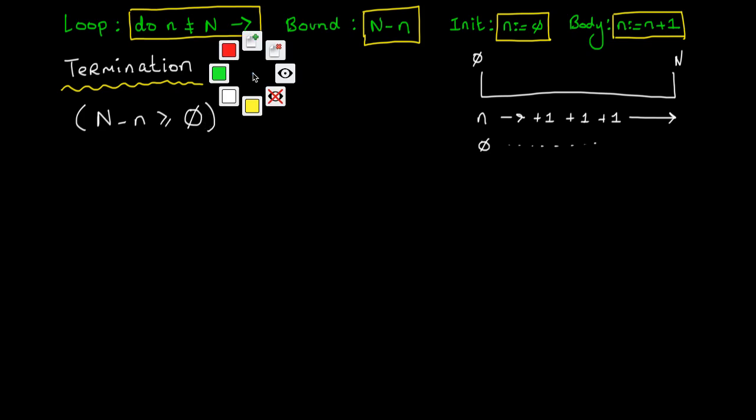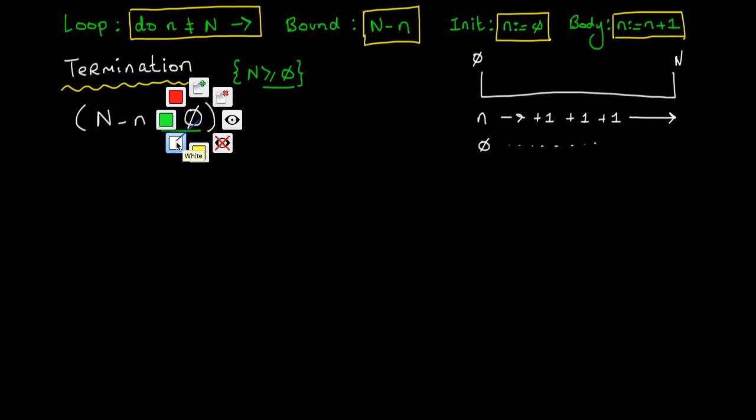If you remember, at the beginning of the program we were told that n is greater than or equal to 0. So to test it out against our termination, we actually include this bit. See this greater than or equal to 0 bit? We include that in here as well.